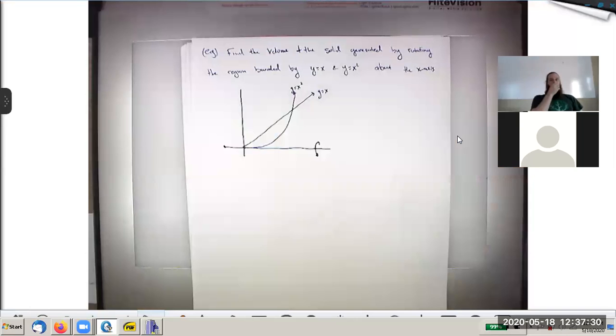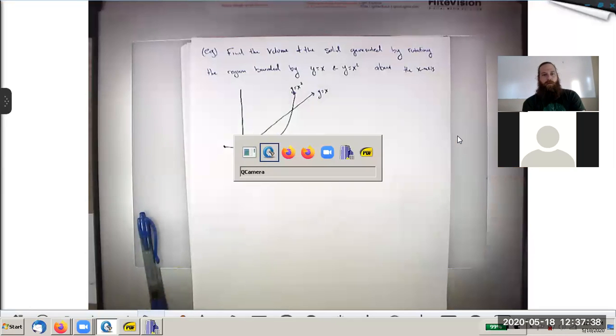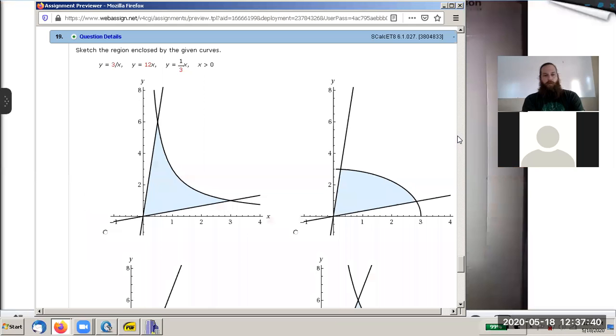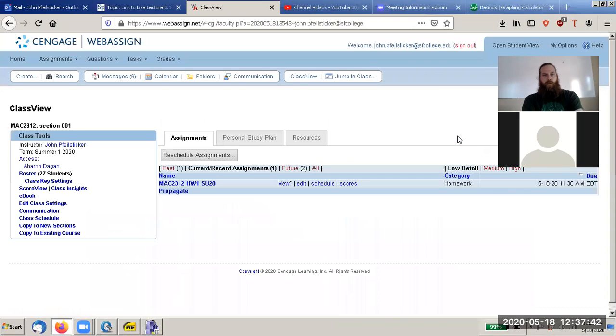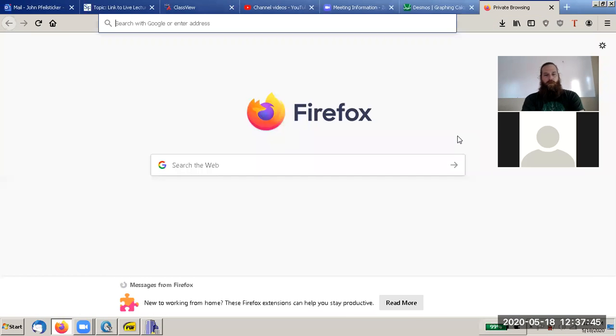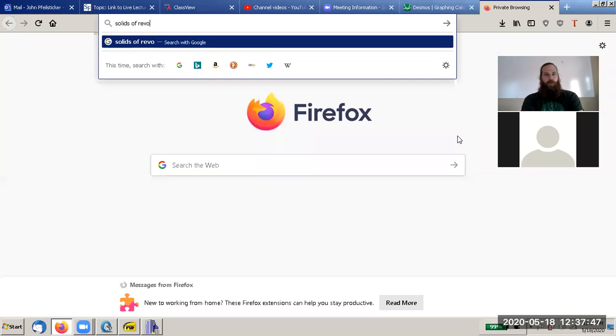So when I do that, I'll get a solid. It's a weird looking solid. I'm not even going to attempt to draw this one by hand. But this family of solids that you get by rotating a region are called solids of revolution.